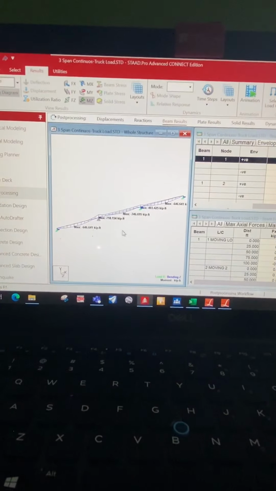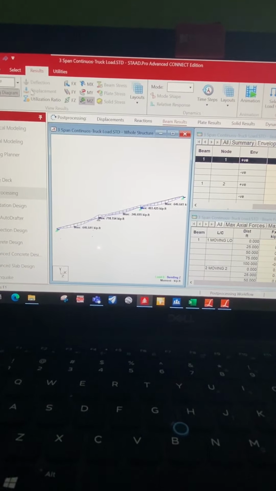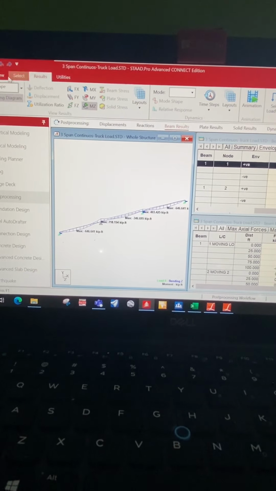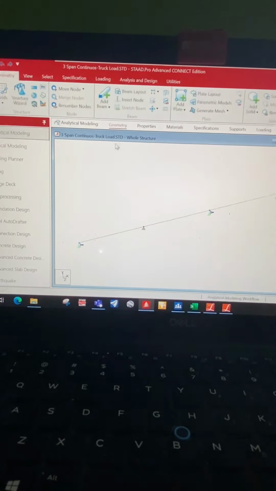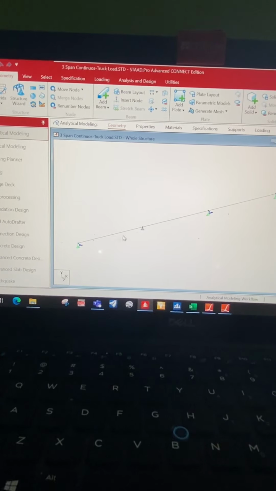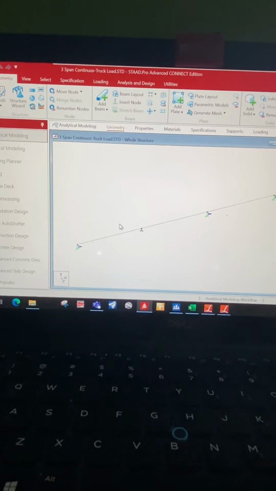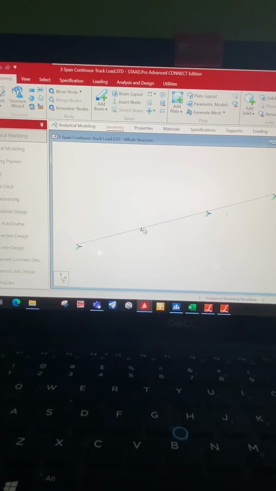So for 2D, we put up the geometry of the three-span bridge. It's basically a 100 foot span. We have the fix here at the first interior pier.